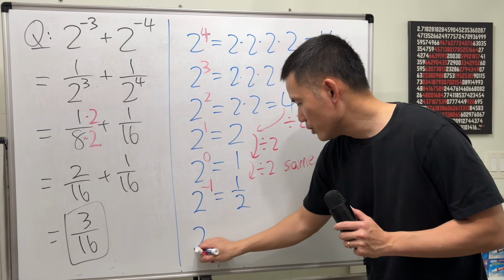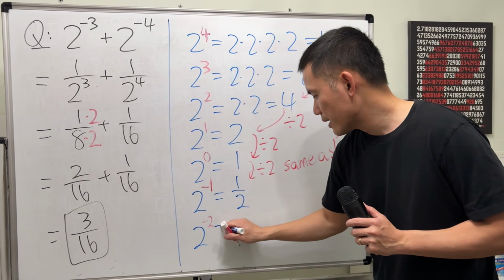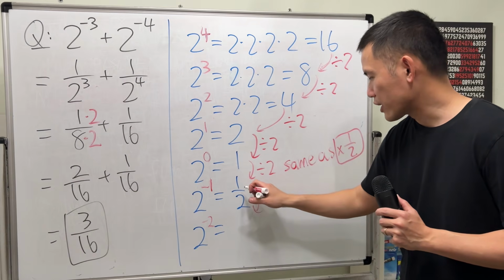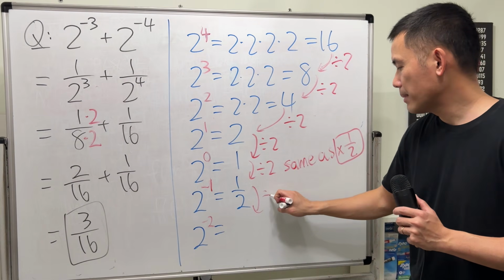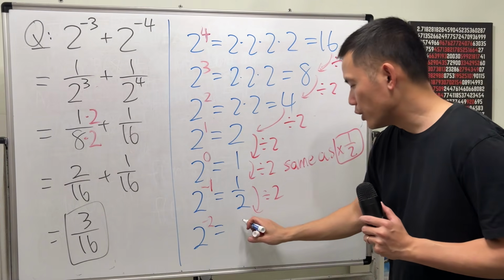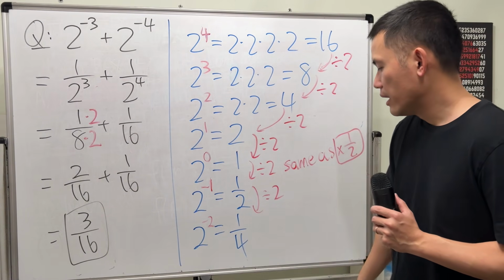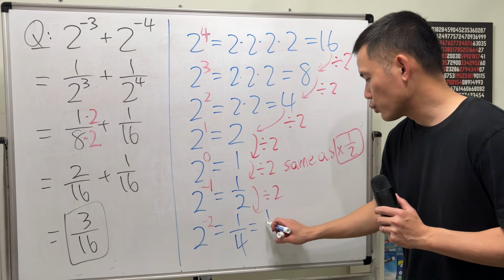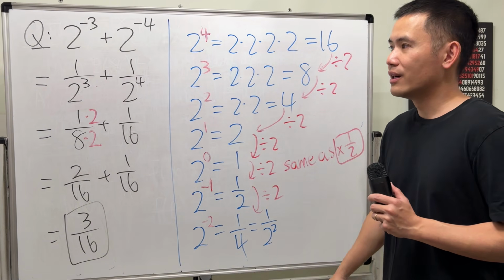Now, if I continue to 2 to the negative 2, when I have a fraction, instead of looking at this as divided by 2, just think about 1/2 times 1 over 2, then you will get 1 over 4. And in fact, this is exactly the same as 1 over 2 to the 2nd power.